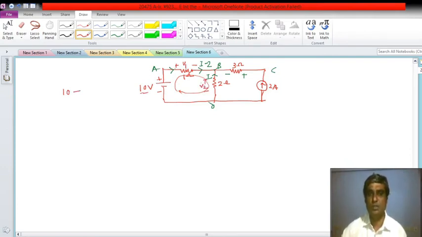Minus V1, that is I minus 2, minus 2 into I. Sorry, I have drawn it wrongly. So this is minus 2, which is 0. So how much is this value? This value is 10.